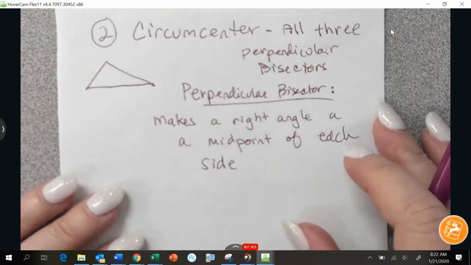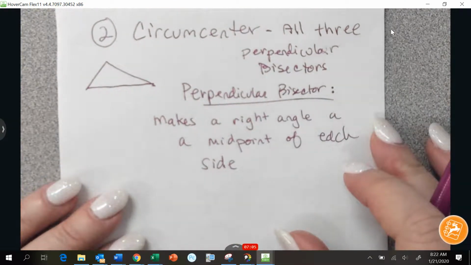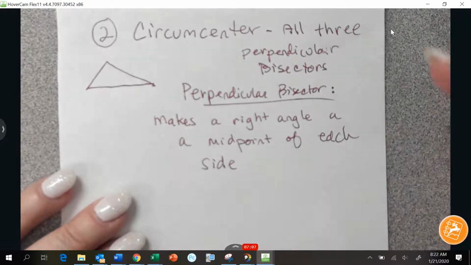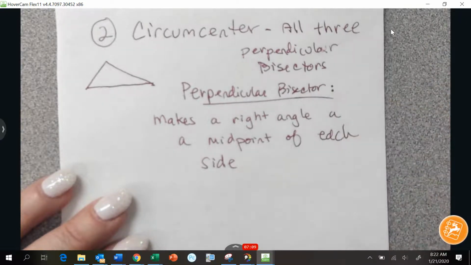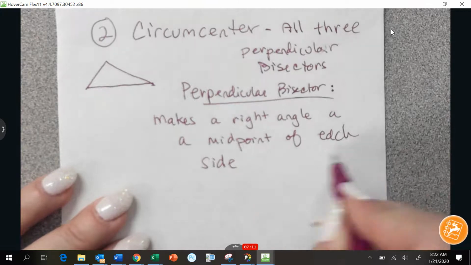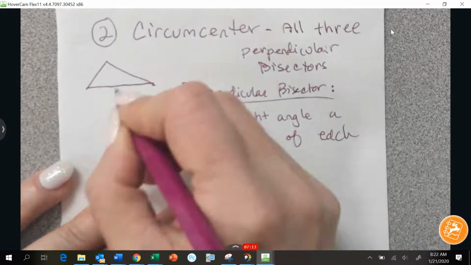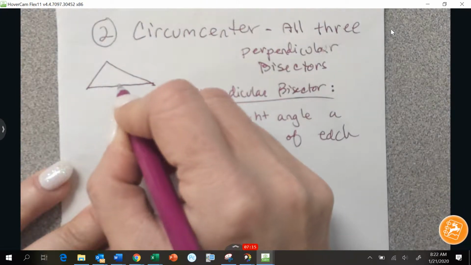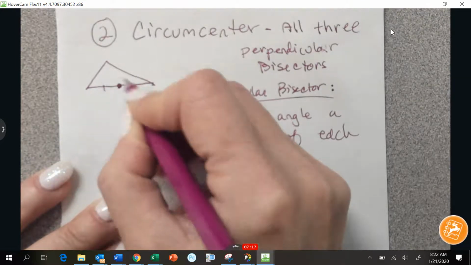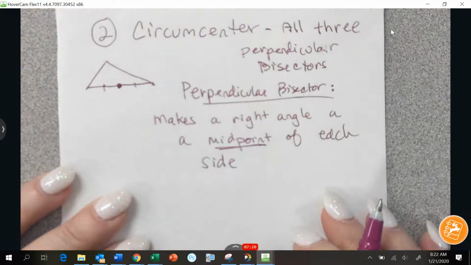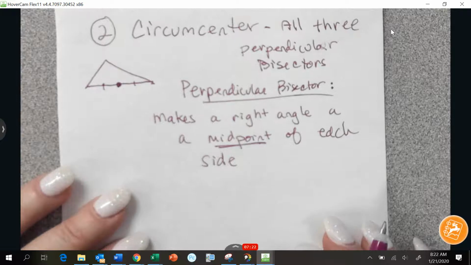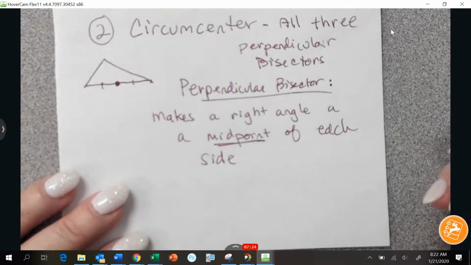So if we're doing this by graphing, we need to find what on the graph to be able to do this. What do we need to find? We need to find a midpoint. So up here, here's a midpoint. Okay, and once we have the midpoint, what else do we have to do?